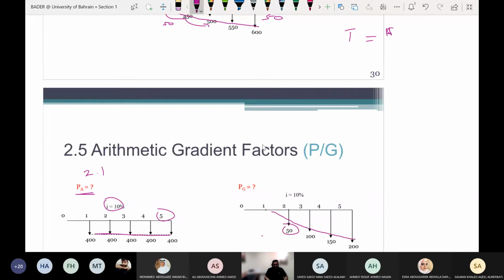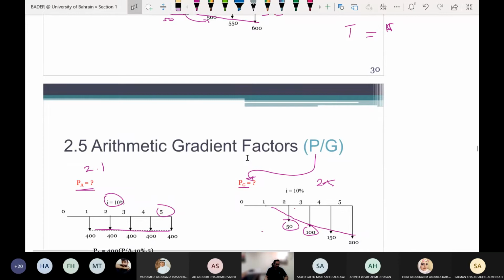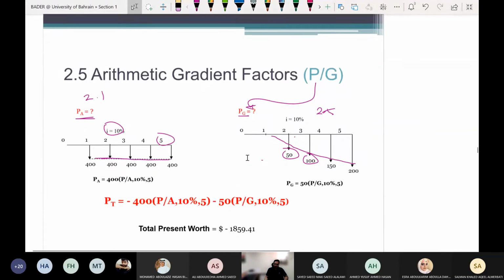See, 50, 2 multiplied by 50 is 100, because it's an increase. So this represents find P given G, which is 2.5. So let's go and start to put the signs.